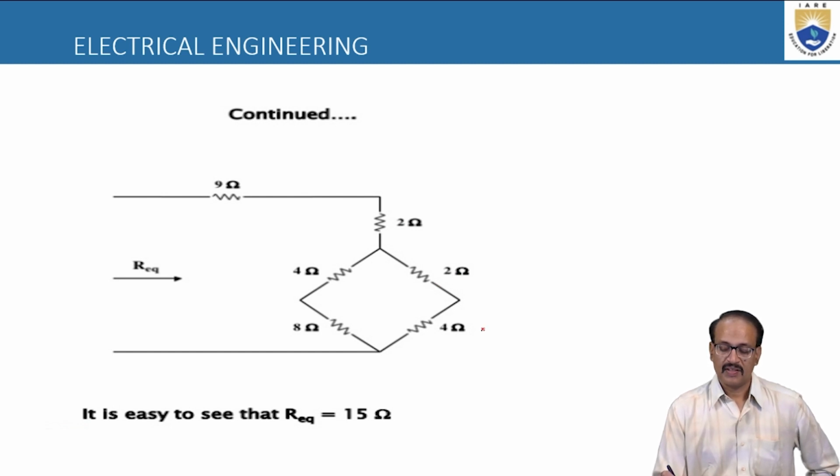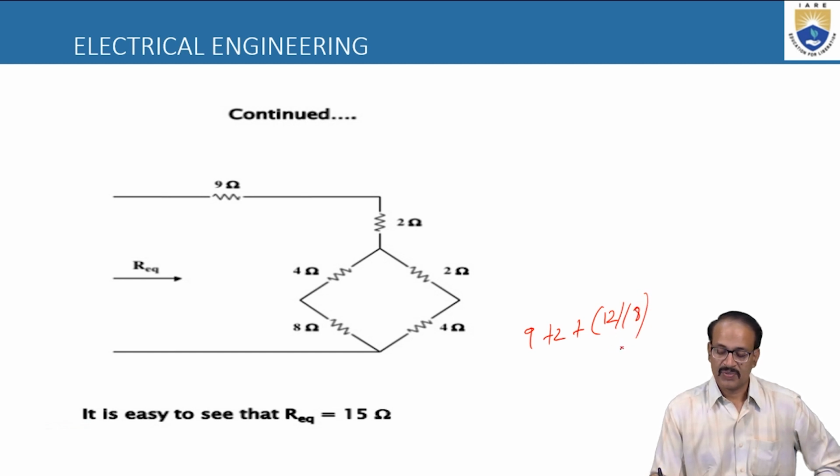Okay. So if you simplify this, you will get the equivalent circuit, that means 9 plus 2, plus, so 8 plus 4, that is 12, parallel to 8.